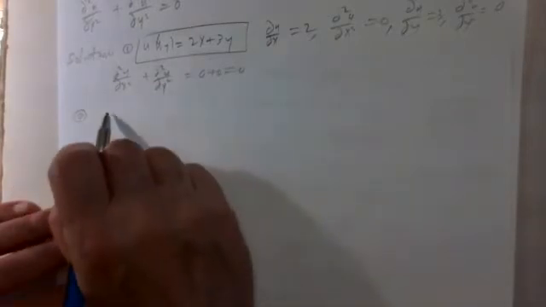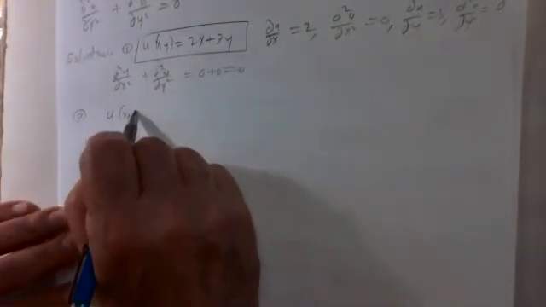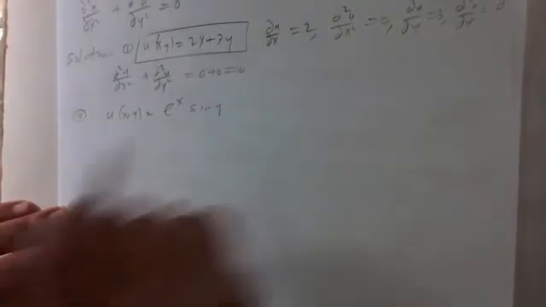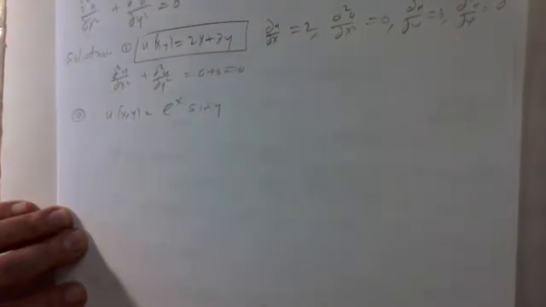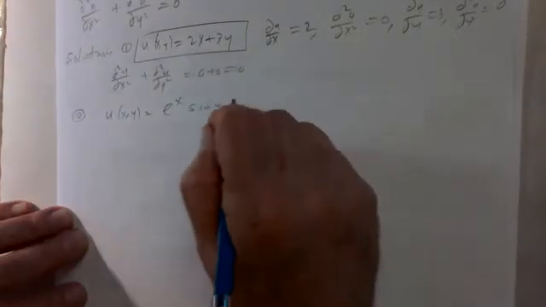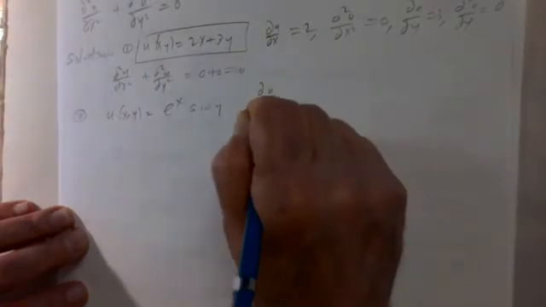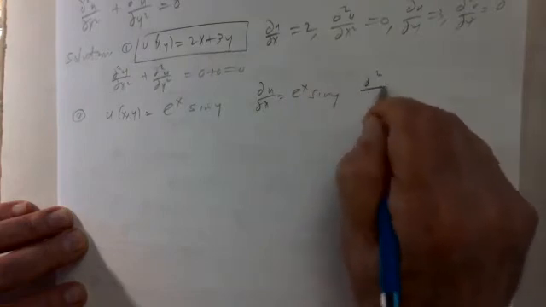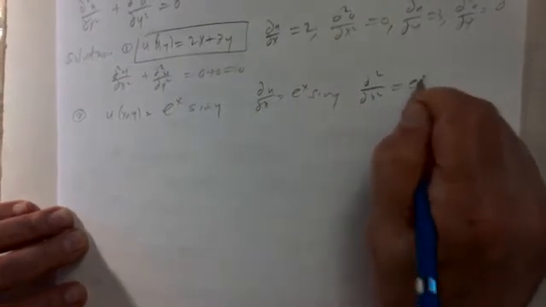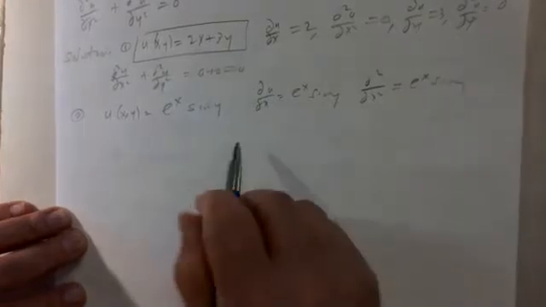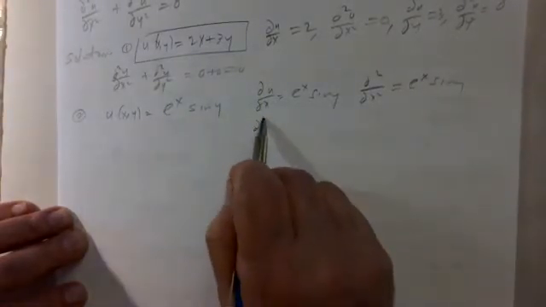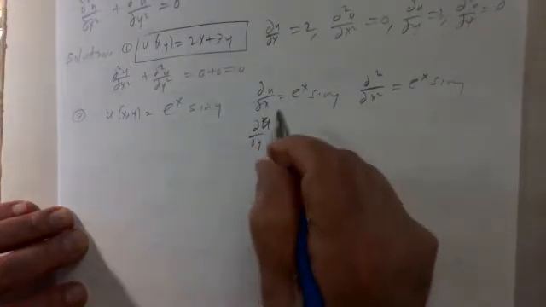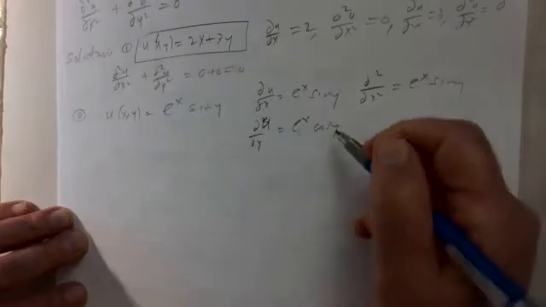What's another solution? Well, suppose we let u of x, y equal, I don't know, e to the x sine y. If you differentiate with respect to x, you get e to the x sine y. And if you differentiate again with respect to x, you get e to the x sine y. If you differentiate with respect to y, you get e to the x cosine y.